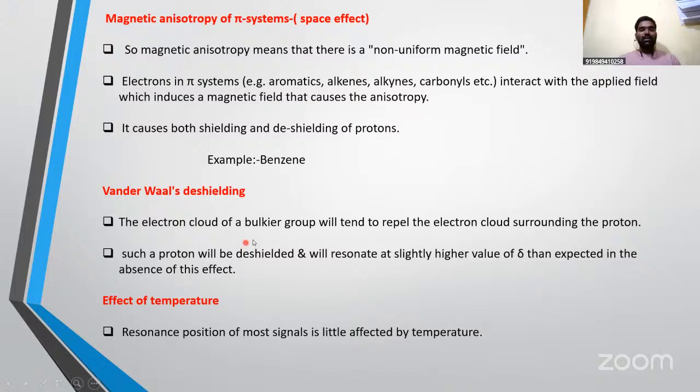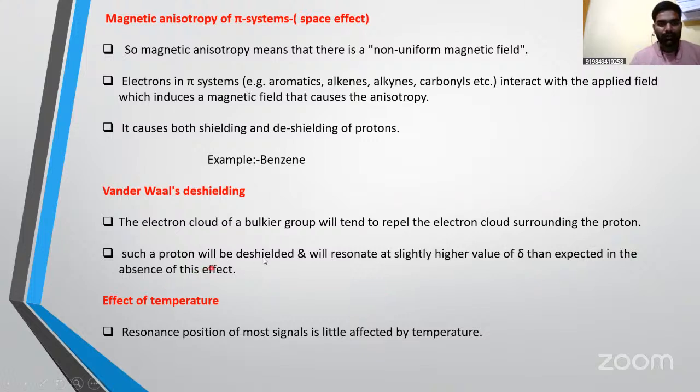The electron cloud of a bulkier group will tend to repel the electron cloud surrounding the proton. So whenever there is a bulkier group which contains an electron cloud, it will repel the surrounding proton's electron cloud.